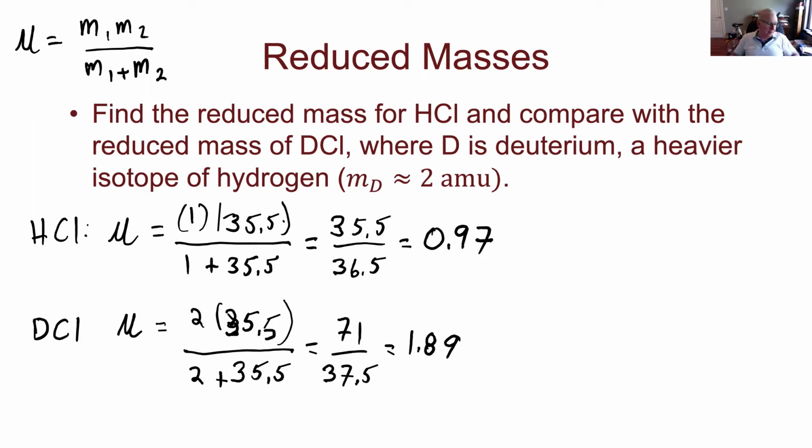These would both be in AMUs. I didn't write units there, but I really should. Suppose I had changed the chlorine isotope instead of the hydrogen isotope, right? If I did H with chlorine 35, I have notes over here that tell me I would get 0.972.